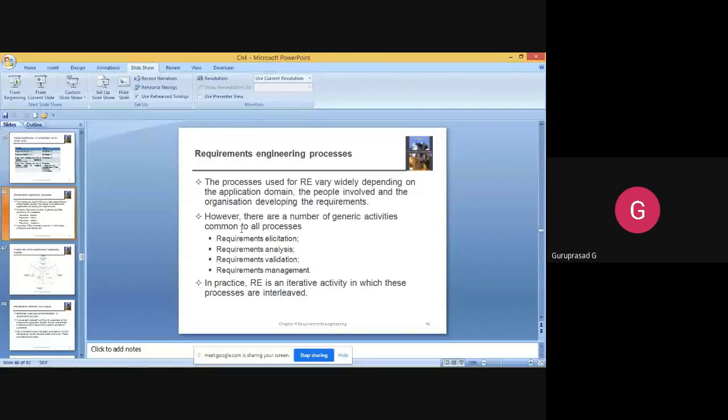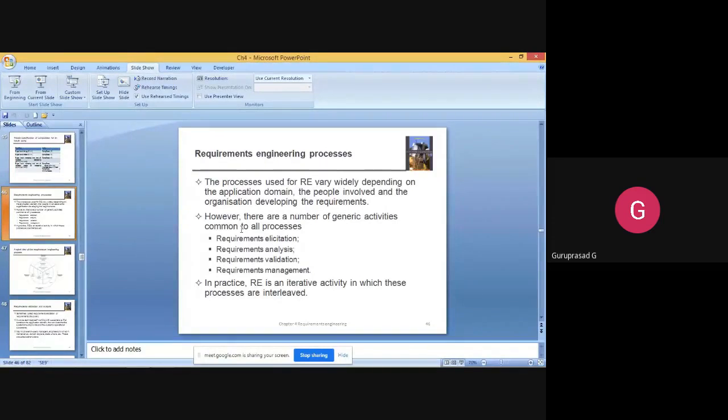I have shown you the requirement engineering process diagram. The first thing is the feasibility study, then how to discover the requirements, then how to specify the requirements. Correct? So we are writing the requirements document.